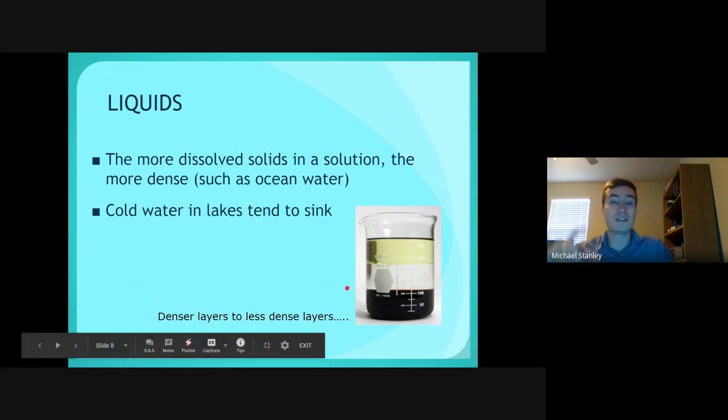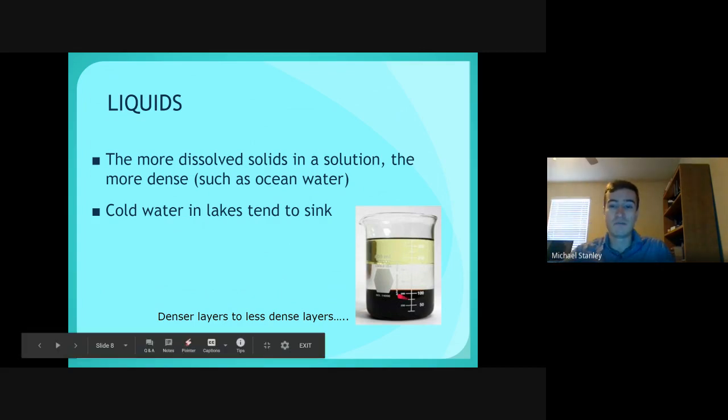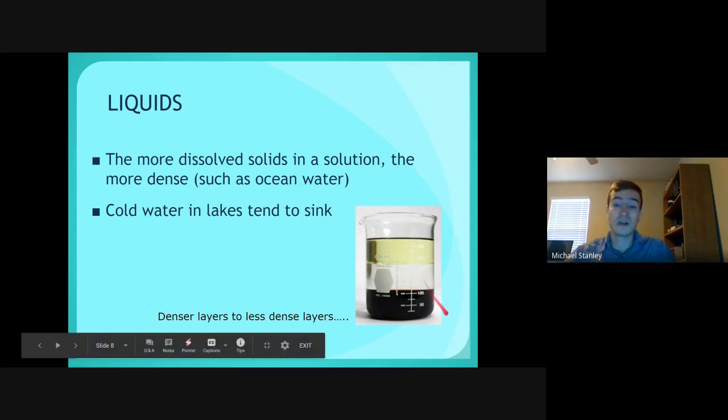Because the densities of these liquids are different, they sit in different parts of this beaker. The most dense liquids sink down to the bottom, and the least dense liquid floats up to the top. So you'll always have things that are less dense that float on top of things that are more dense.